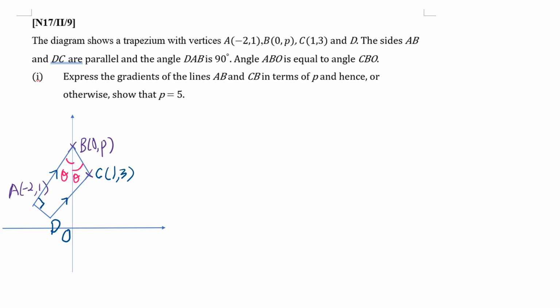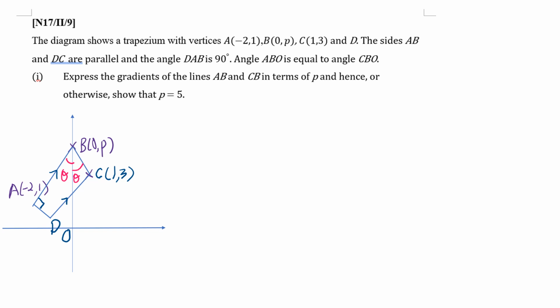Right, so this question is actually an O-level question that was tested in the year 2017. So this question actually tests you on the concept of m equals to tangent theta. If you look at these questions here, you're given the trapezium with the vertices A, B, C, and point D. It's a trapezium, meaning we have one pair of parallel sides.